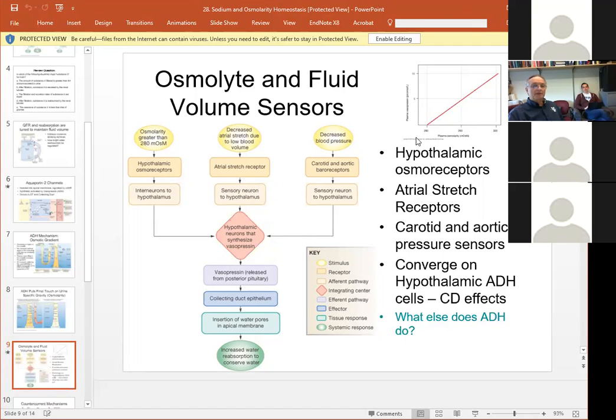If the osmolarity exceeds 280 milliosmolar, osmoreceptors in the hypothalamus stimulate interneurons to activate the hypothalamic neurons, which transport by fast axonal transport in vesicles through the infundibulum of the pituitary gland to the posterior pituitary release neurons, vesicles that contain vasopressin or antidiuretic hormone.